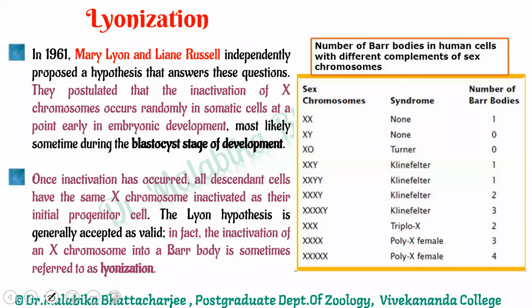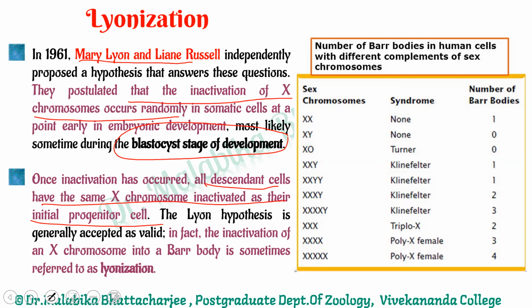Now coming to the concept of lyonization. In 1961, Mary Lyon and Liane Russell proposed the X inactivation concept, where, as we just discussed, one of the X chromosomes is randomly chosen to be inactivated in somatic cells at an early point of development. This inactivation occurs at the blastocyst stage of development. And once that inactivation has occurred, all descendant cells have the same X chromosome inactivated as their initial progenitor cell, as I showed you with a picture.